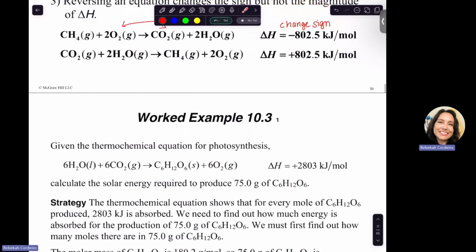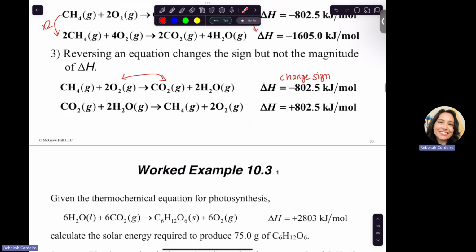So I want you to pause and see if you can think about what we talked about here. I'll give you a hint for this question at the bottom. This number is not representative of 1 mole, but of what is written here. And so we know the number of moles of each of these in a mole ratio, and we know this is the amount of energy for what's written here.